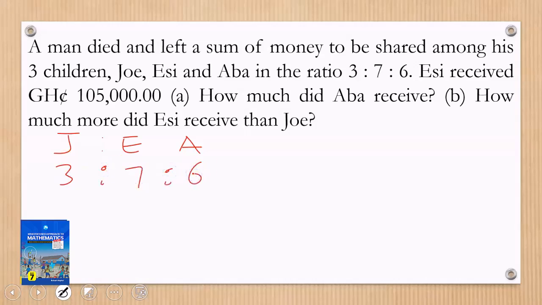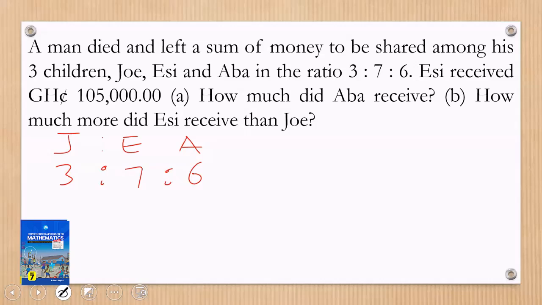Now, AC received 105,000 Ghana cedis. How much did Abba receive, and how much more did AC receive than Joe?